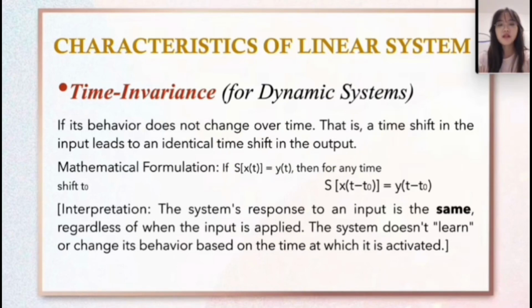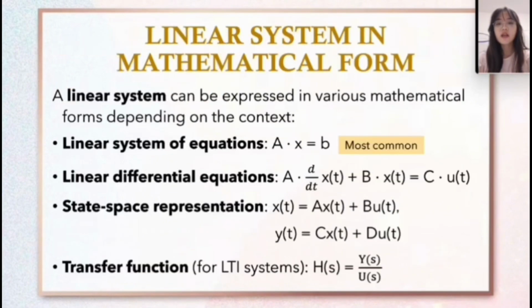In mathematics, if S(x(t)) = y(t), then for any time shift t0, we have this. In simple terms, the system's response to an input is the same, regardless of when the input is applied. The system does not learn or change a lot.